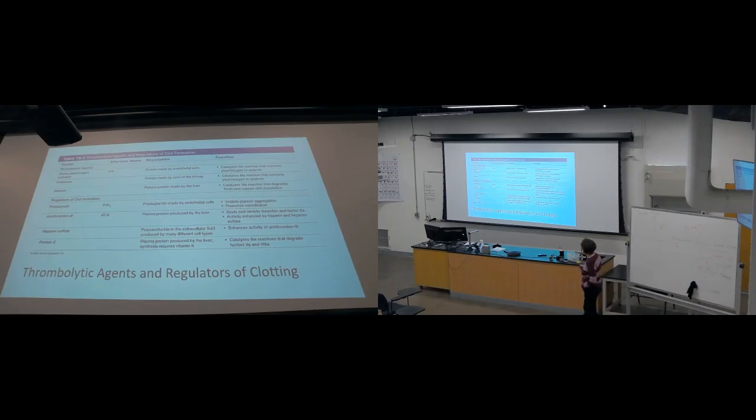Protein C is also produced in the liver, and its synthesis requires vitamin K. So vitamin K is also part of these agents or regulators of clot formation that is necessary. For instance, protein C is needed for degrading factors 5 and 8A. So when they are active, they also need to be recycled, and protein C is one of these that helps us to do that.